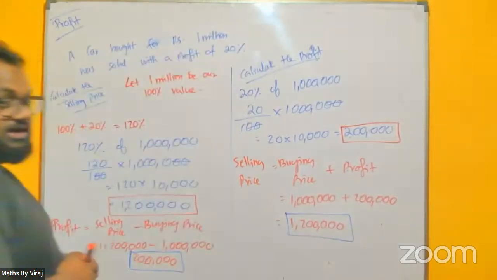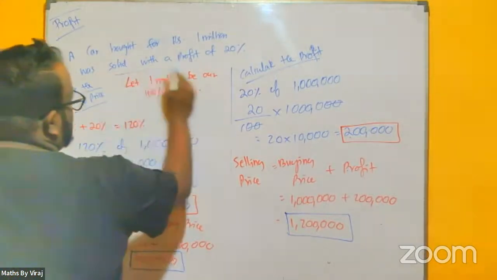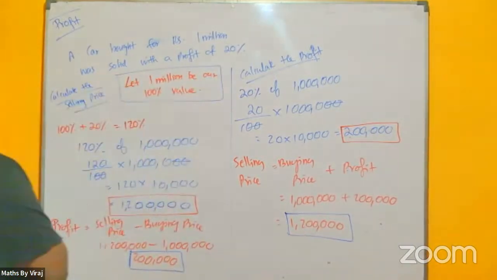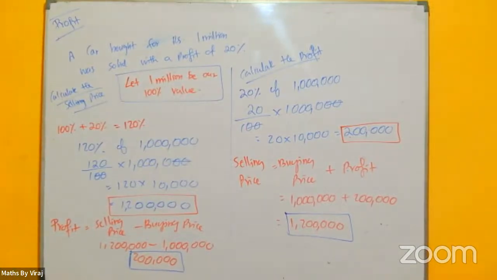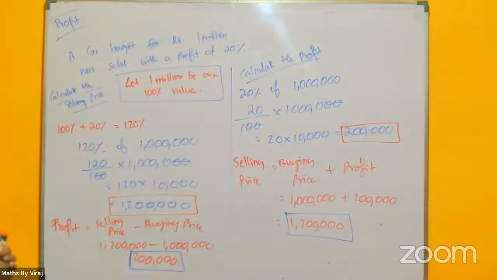Now you can see that I have done the calculation in two different methods. The only conclusion that I came up with in the first place is let 1 million be our 100% value. That is the amount that we have spent on buying this car. In the first calculation, we were supposed to find the selling price.